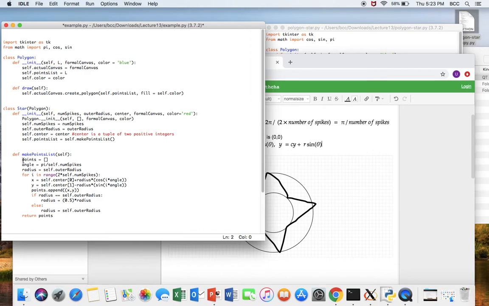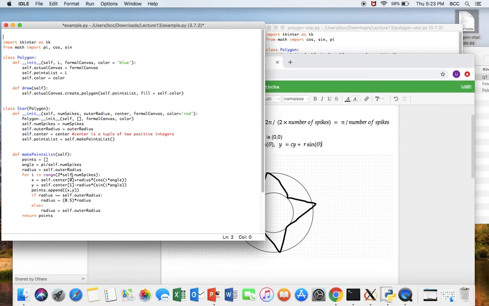So it is not going to be used anywhere else. It's only for this function. So it's fine to leave it local. Angle is another local variable. Radius is another local variable. So what is the angle? Angle is pi over number of spikes. Radius is the outer radius to begin with. All right. Points in the beginning is empty.